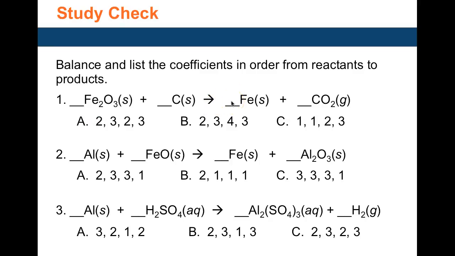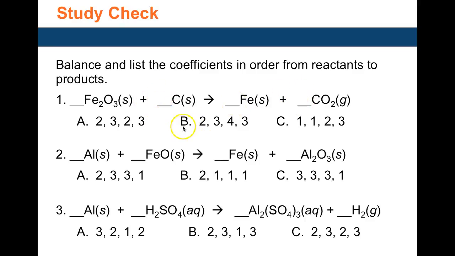All right. And then the oxygens are unbalanced. There's 3 here, but 2 here. So what's the common denominator between 3 and 2? It would be 6. So you'd put a 3 here. Then that means you need a 2 here. All right. So 2 times 2, that would give you a 4. And so you would need a 4 here. If you put a 3 here, then you need 3 here.